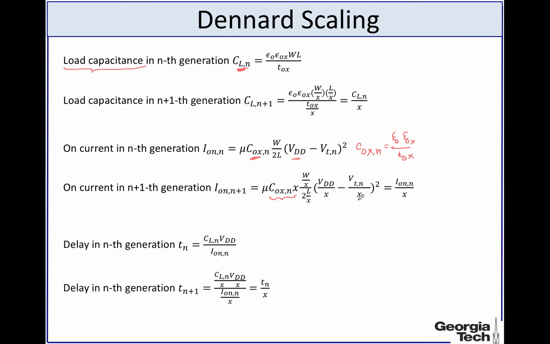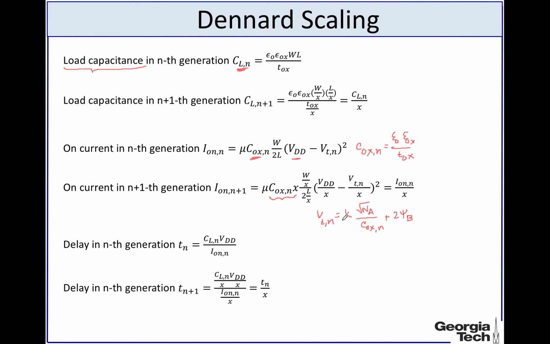Now VTN is also replaced with VTN over X, and the reason is that VTN, as you have seen when we were discussing MOS caps, is equal to some constant multiplied with Na, or Nd for a p-type MOSFET, over Cox n, plus 2 psi b. Note that Na changes to Na multiplied with X. Now if Na changes, phi b also changes, but the change in phi b is small.